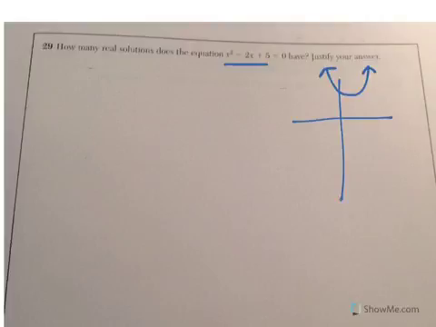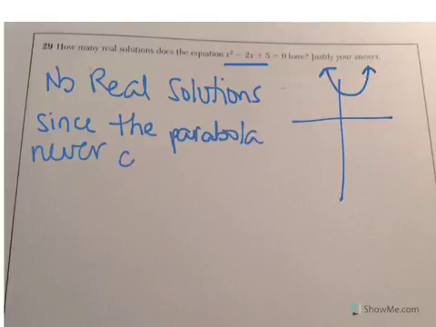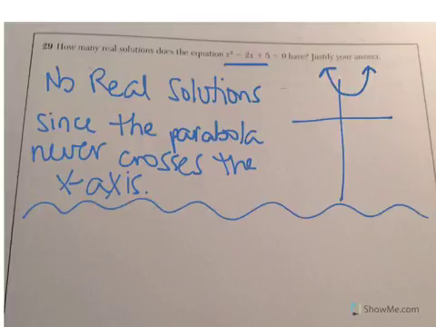Based on the graph, you could say that there are no real solutions since the parabola never crosses the x-axis. Okay, that's one way of saying that there are no real solutions.